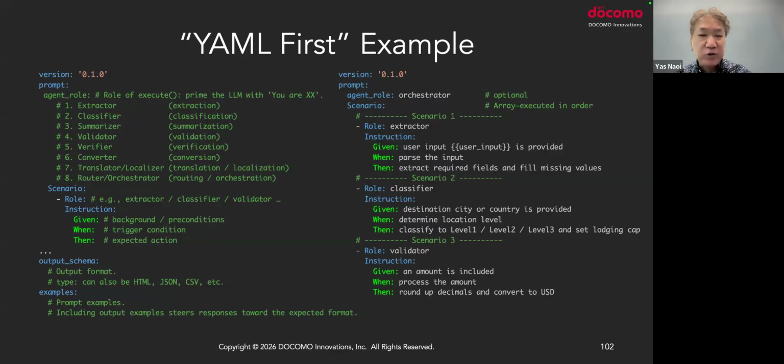That pre-training is literally the P in ChatGPT. This is why the structure works so well and keeps the model's reasoning clear and consistent. Output schema and prompt examples also guide the LLM towards consistent results. The point is, what used to be hard-coded logic is now declaratively written in YAML.